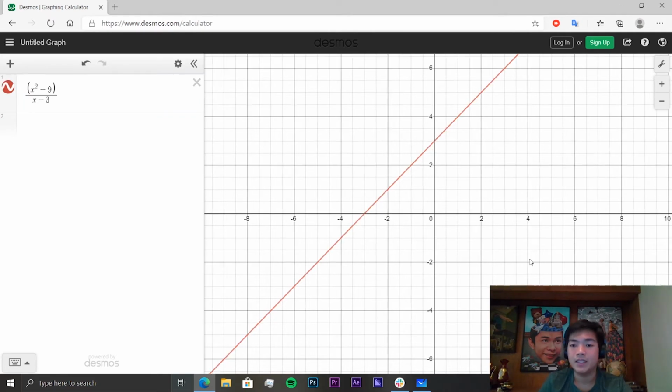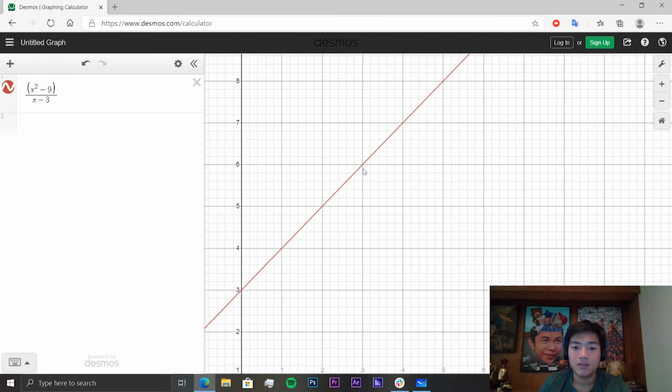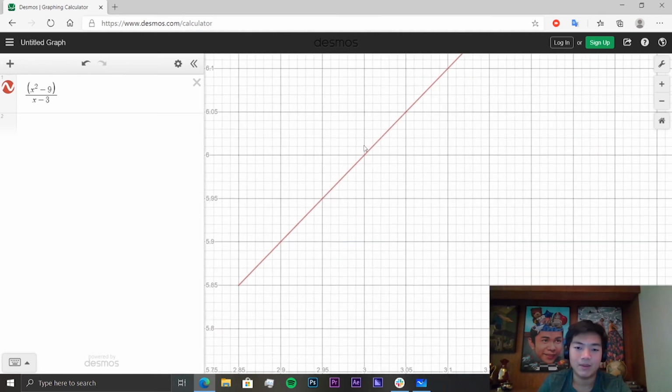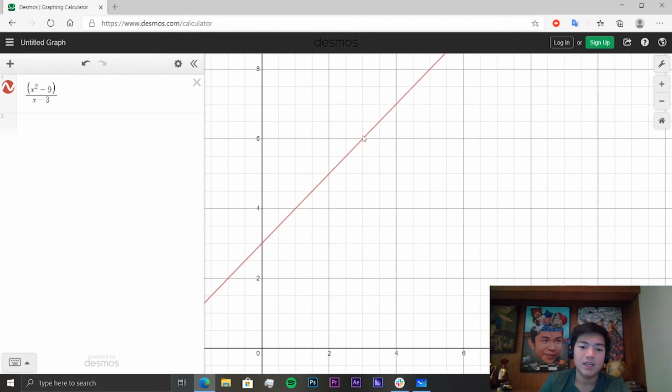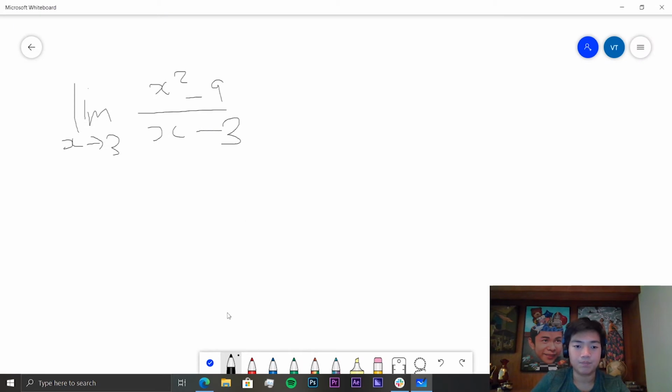And as you can see, this looks like a fairly continuous function with one catch. If we actually zoom in very close, this function actually isn't defined for when x equals 3, since we can't divide by 0, right? If x equals 3, then we're trying to divide x squared minus 9 by 0, which simply doesn't make sense. So that's why we have to use limits to evaluate the value of the function as x approaches 3.